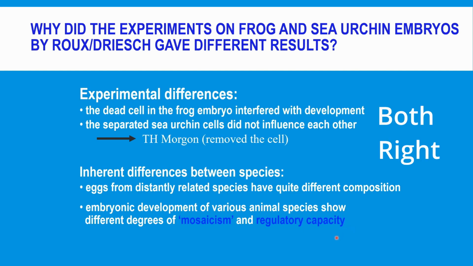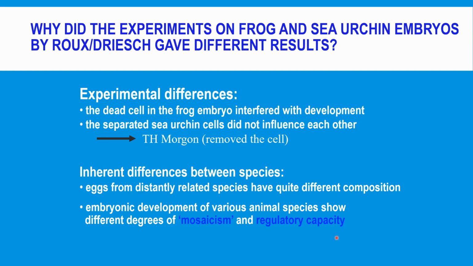So you can have both this regulated development where cells communicate with each other and maybe induce a cell to become a certain cell fate. But you can also have this mosaicism where you have nuclear determinants that are asymmetrically distributed. This is known to occur in the development of, for example, the nervous system as well in many organisms.